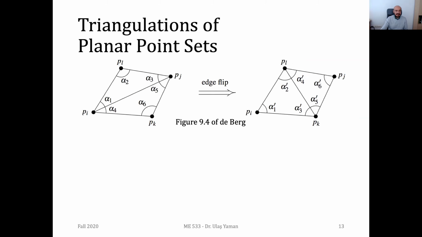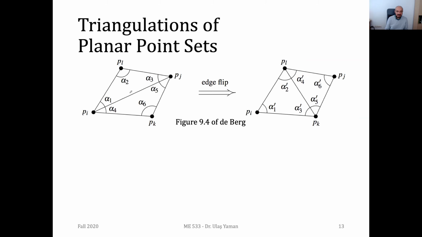Let's have a look at another operation which we will need a lot in our triangulation. You see, we have the same points, I, J, L, and K. But the thing is that we have an edge flip operation.